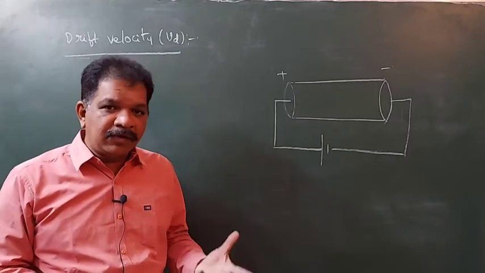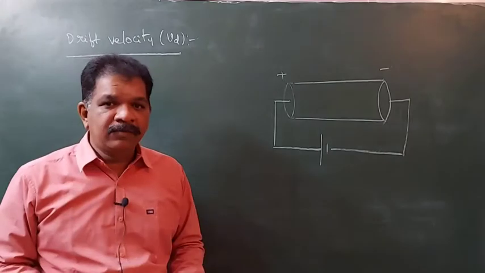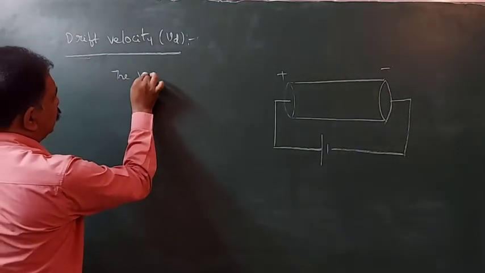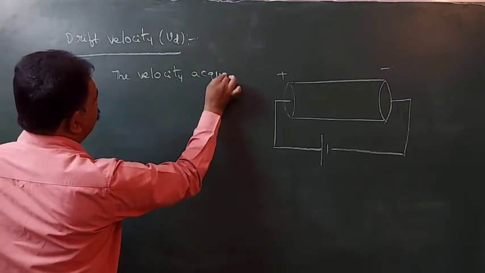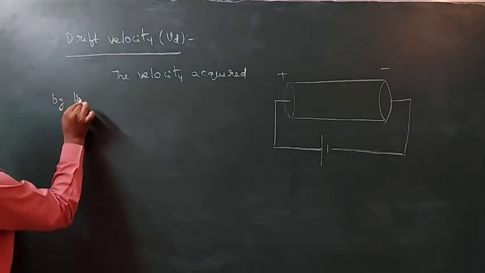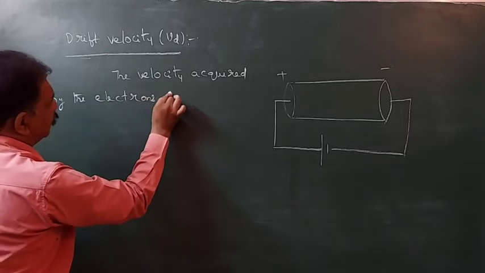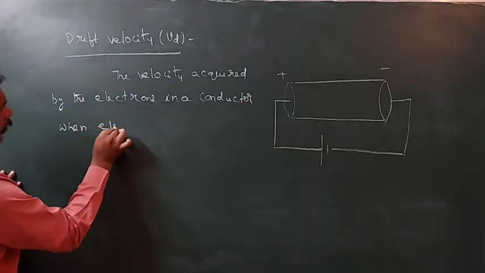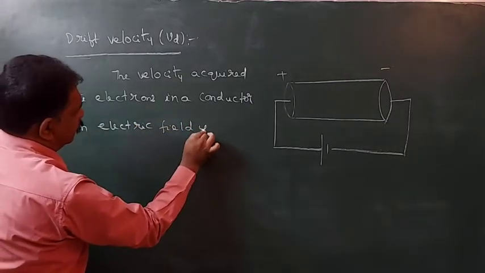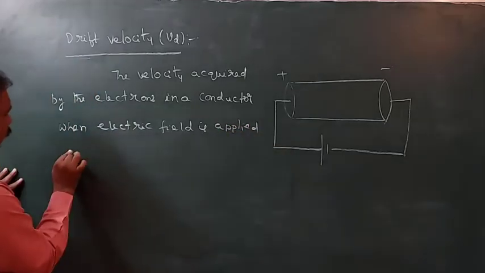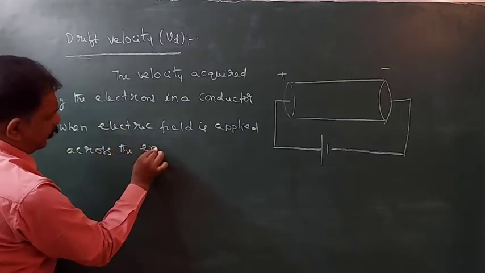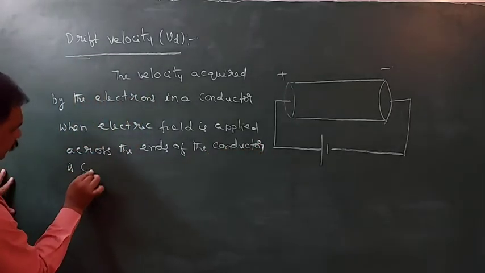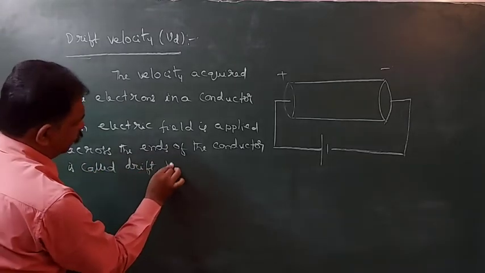The velocity acquired by the electrons in a conductor when electric field is applied across the ends of the conductor is called drift velocity.